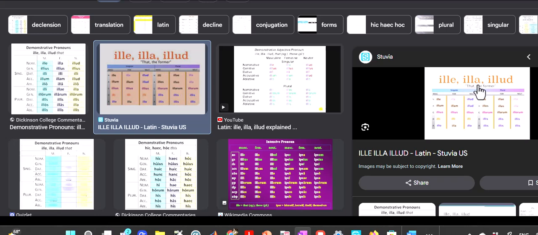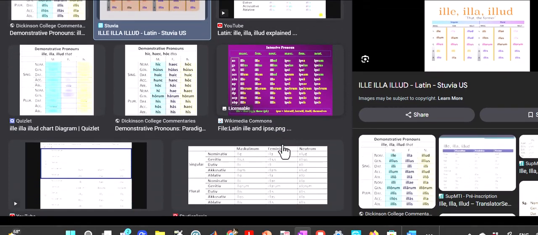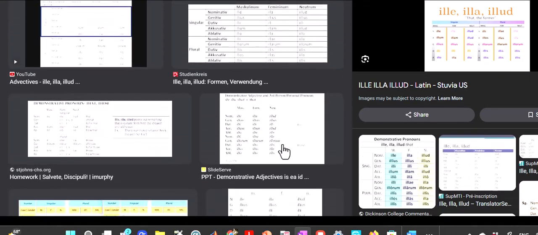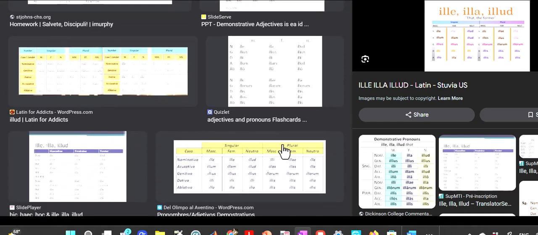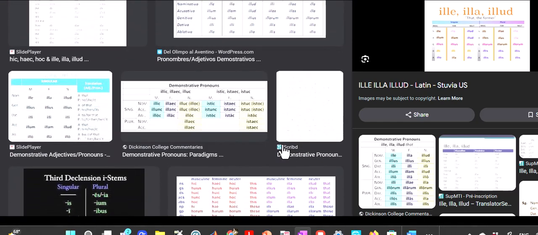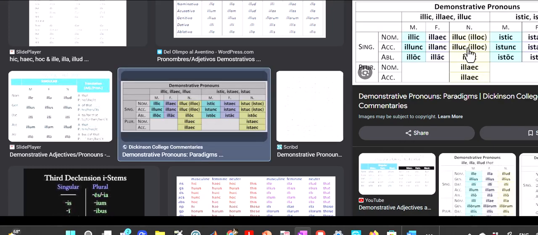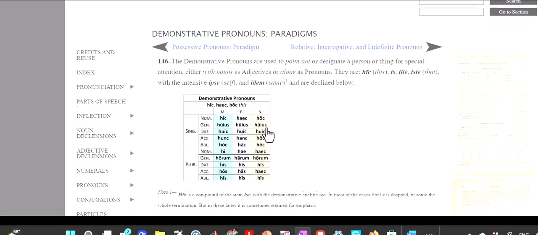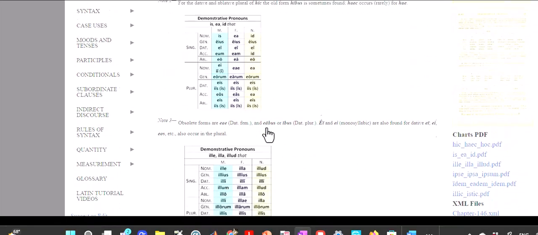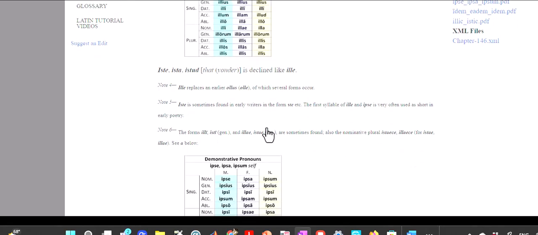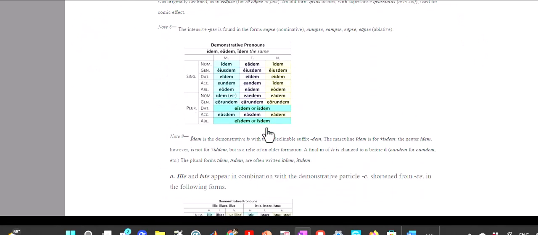Ille, illud, it also says the former. So ille can be the former, and hic, haec, hoc can be the latter. And then I was noticing here, these are not going to be pronouns that I'm going to be looking at today, but there are these others as well, if you wanted to get some very interesting ones. So that's just our regular ones.